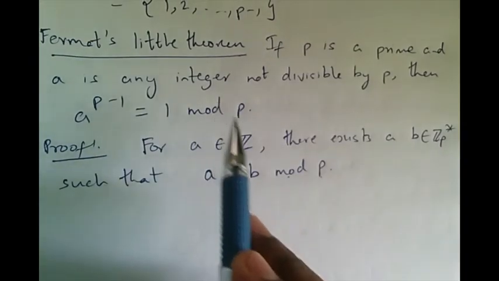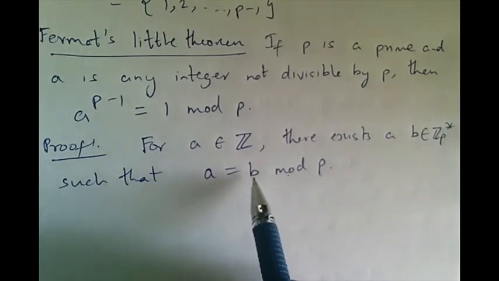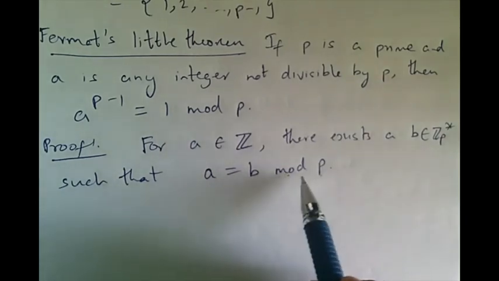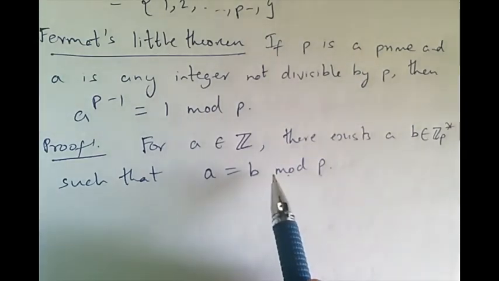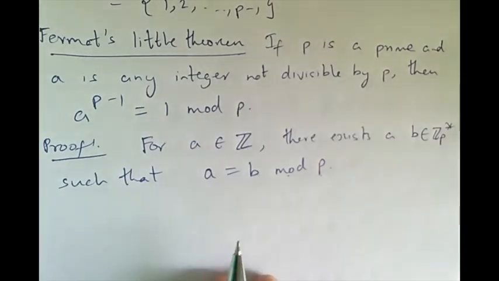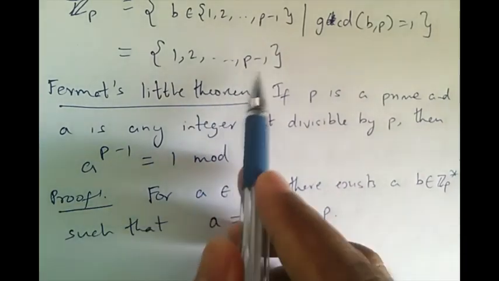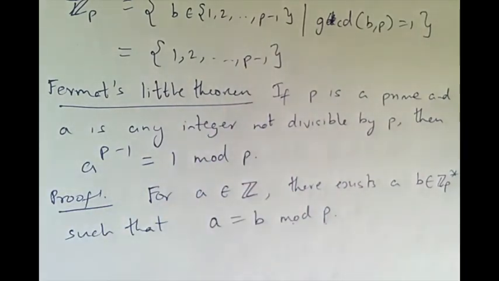So a mod p cannot be 0. So there will be some non-zero remainder when you do a mod p. It has to be from 1 to p minus 1. And that will belong to Zp star because p is prime and Zp star consists of all the integers 1 through p minus 1.